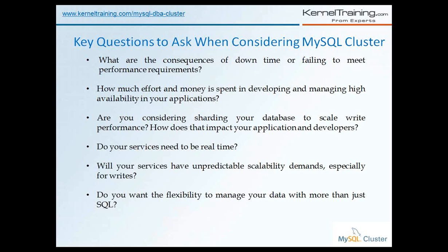MySQL cluster gives us 99.999, that is the five nines high availability. And the reason behind it is that it's a no single point of failure cluster. Everything is replicated everywhere. Even the whole cluster can be replicated, and we can replicate it using commodity hardware, that is our simple server machines.